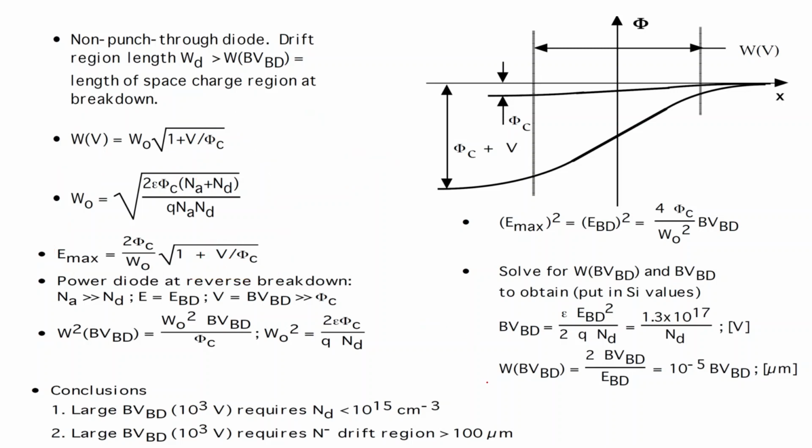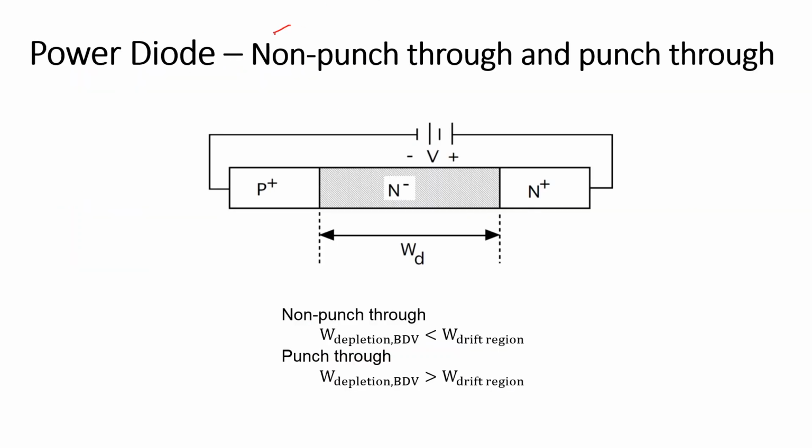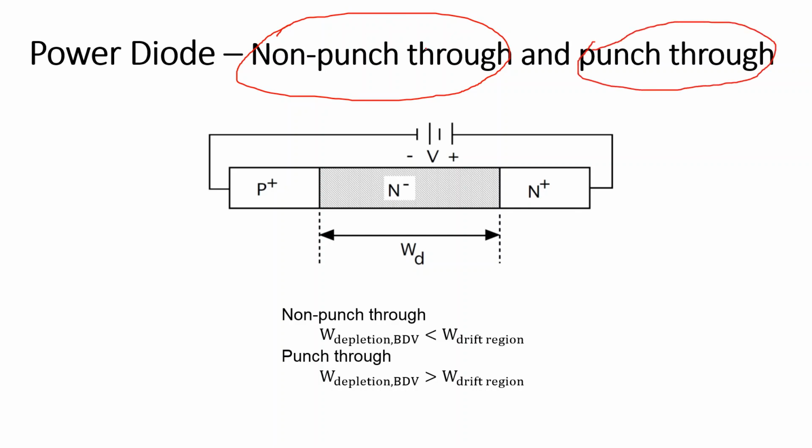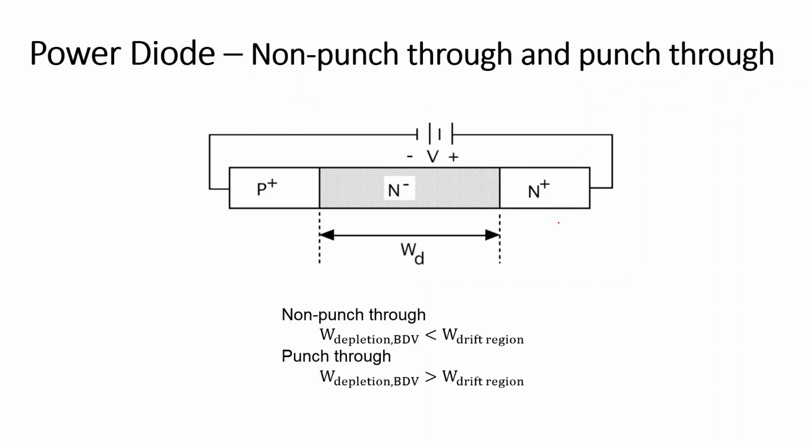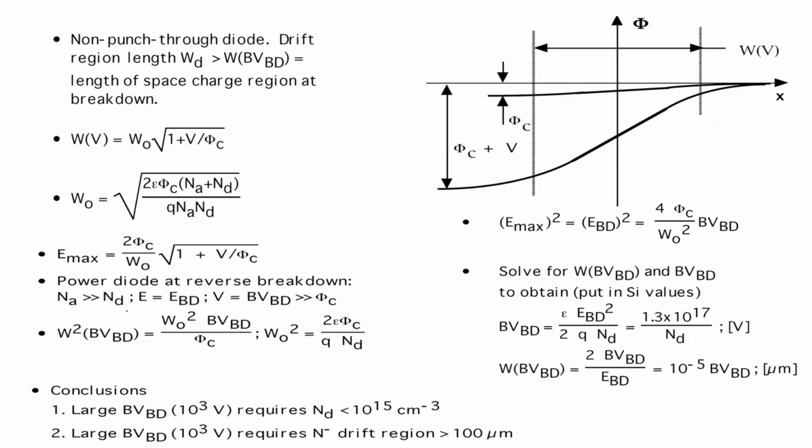Now we will discuss in this video only the non-punch through diode. We will not discuss the punch through diode. So what are the conditions at breakdown?